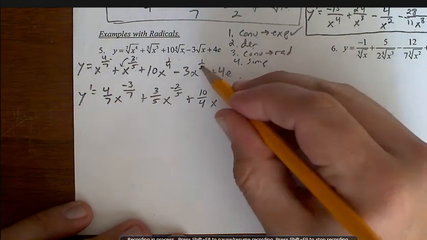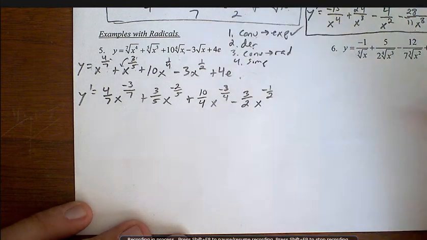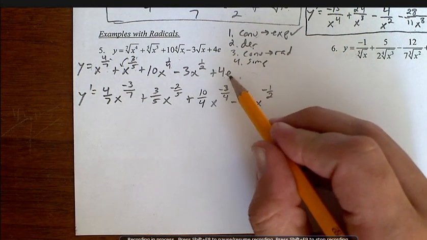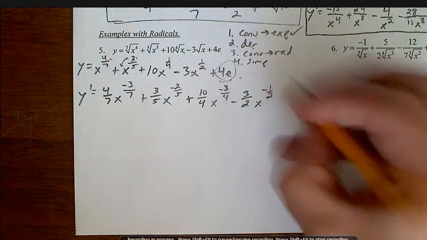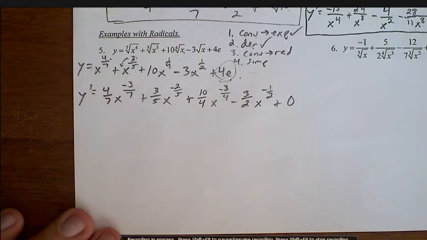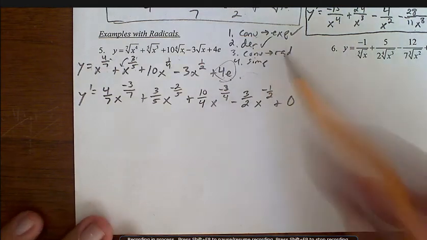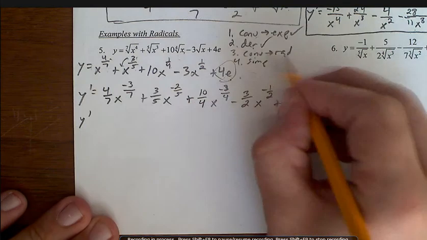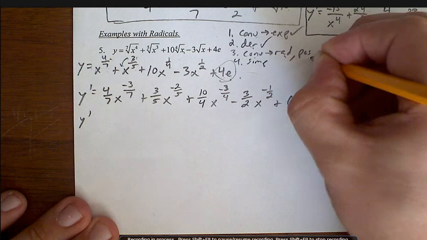Now I have a bunch of fractional or rational exponents, so we're going to convert them back into radicals. First, we need to have positive exponents. So I'll first do positive exponents. So I have 4/7. These are all negative, so they're going to go into denominators. If you just follow this step every single time, this will work out for you.